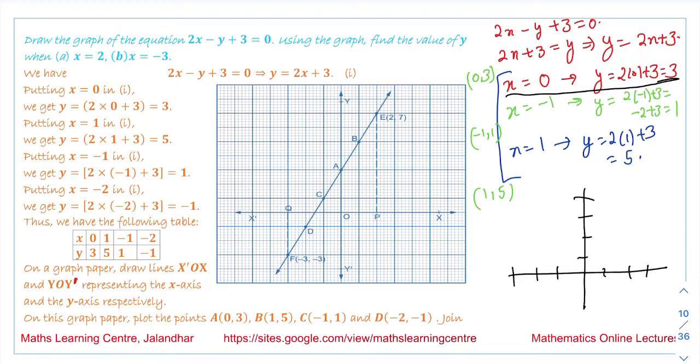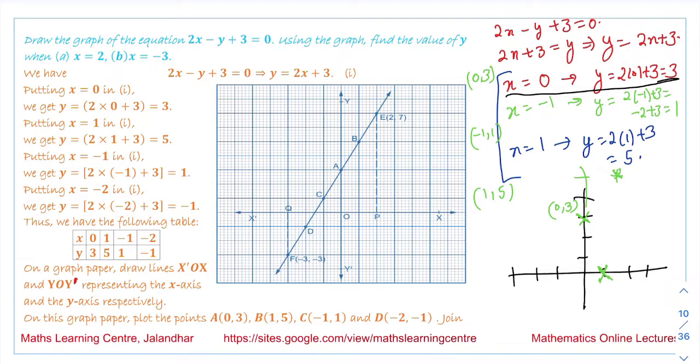So the points we have are 0 comma 3. 0 comma 3 means the x coordinate is 0 and the y value is 3, so it will lie on the y axis at this point over here. Next is 1 comma 5. This is 1 on x, and we will have 5 over here on the y axis.